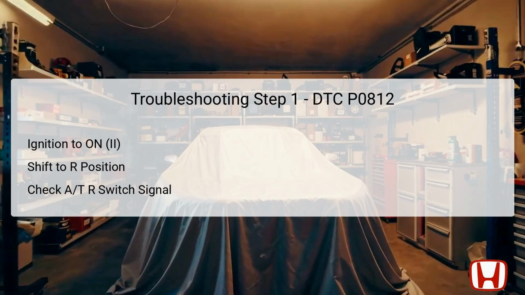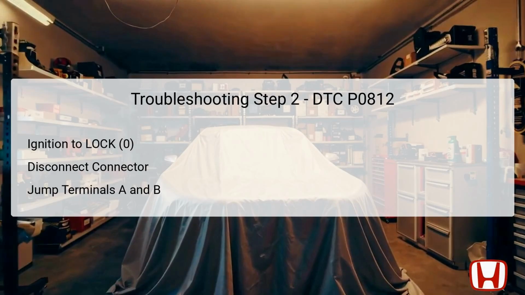In the second troubleshooting step, the technician must first turn the ignition switch to the lock position, labeled as 0, to ensure the electrical systems are powered down safely. Following this, the technician will disconnect the transmission range switch connector, 10P, to prepare for direct terminal testing. A jumper wire will be used to connect terminals A and B in the 10P connector.